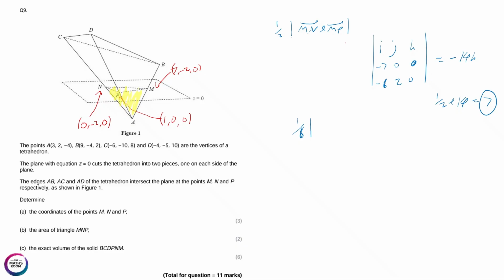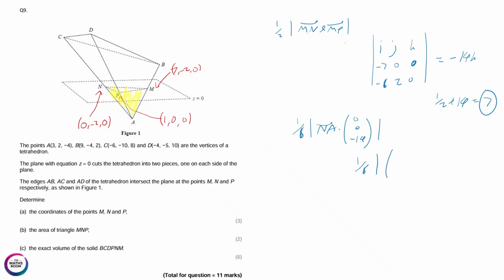Let's just do NA, dot that with my vector that I've already found in the previous part, which is 0, 0, minus 14, which is going to be really nice. Okay. So I'm going to get a sixth.